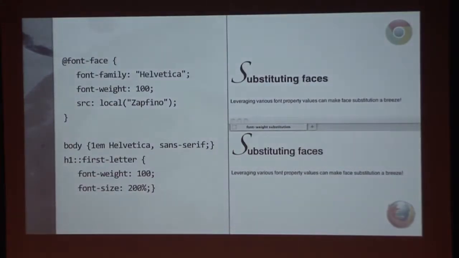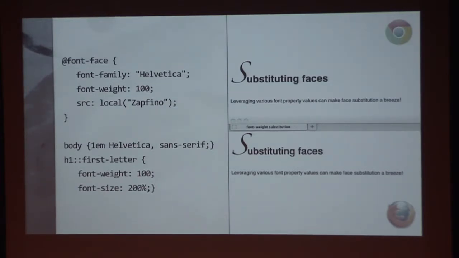So as an example, you could say in my Helvetica font family, anytime the font weight is 100, I want to use Zapfino or some other fancy swashy cursive type font, and then I can swap out the first letter of every H1 just by setting the font weight to 100 and taking advantage of that font face descriptor to swap it out.